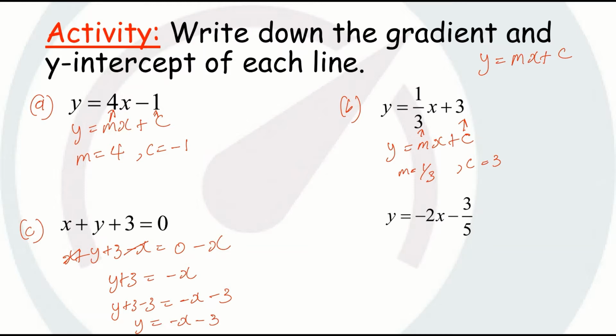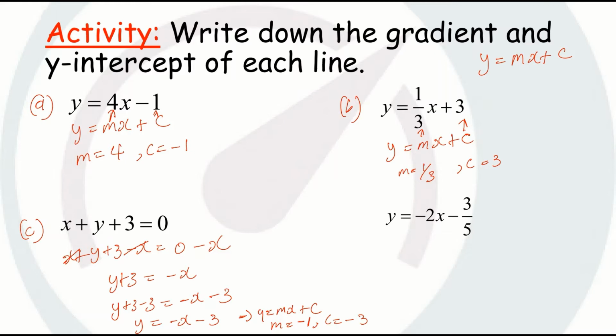Now we have this in our form, y equal mx plus c. And by comparison, we can tell that our m is equal to negative 1, because negative x is the same thing as saying negative 1x. Alright? And our c is going to be negative 3.